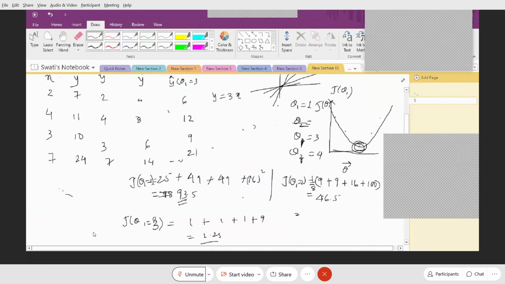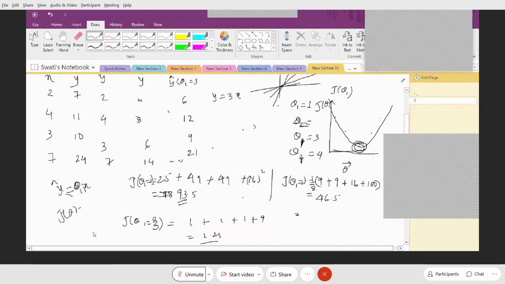We want to find y cap is equal to theta 1 x. Work out this theta against J theta in your notebook. Understand for yourself what your J theta is.